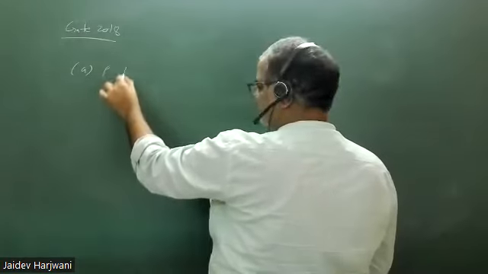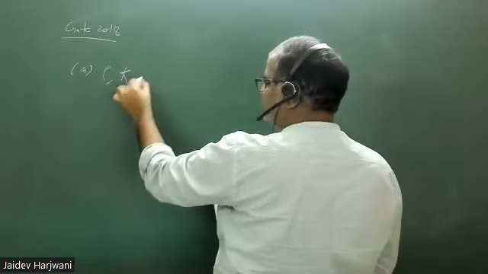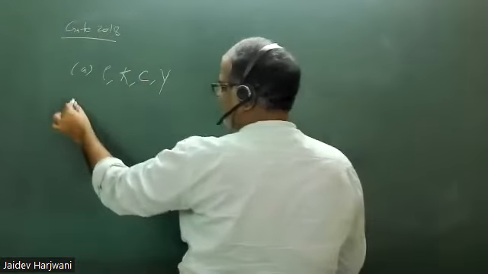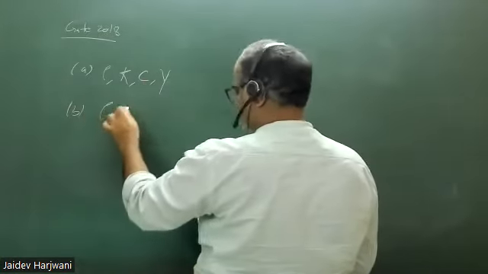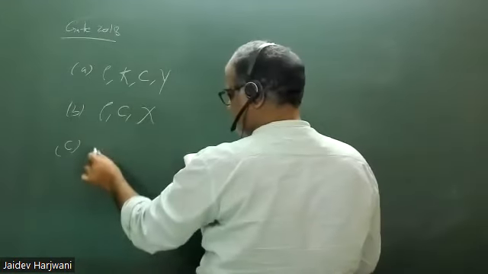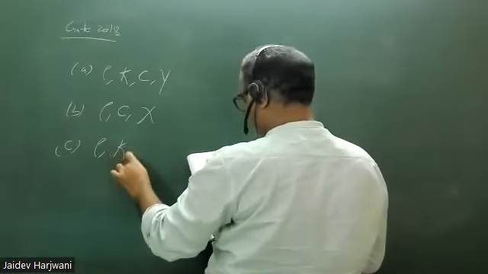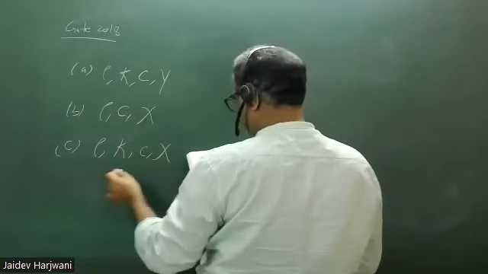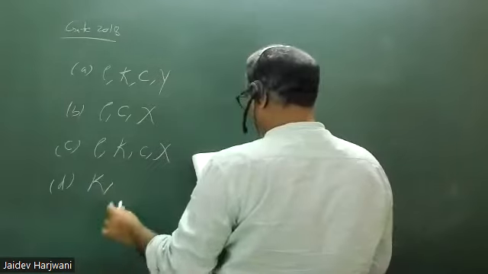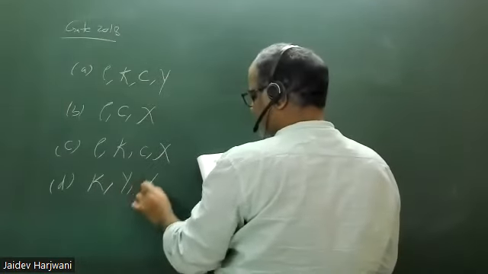This is resistivity, this is thermal conductivity, this is the specific heat, and this is the Young modulus. Okay, and the second option is resistivity, specific heat, and susceptibility. Option C is rho, K, C, and chi, and option D is K, thermal conductivity, Young modulus, and chi.